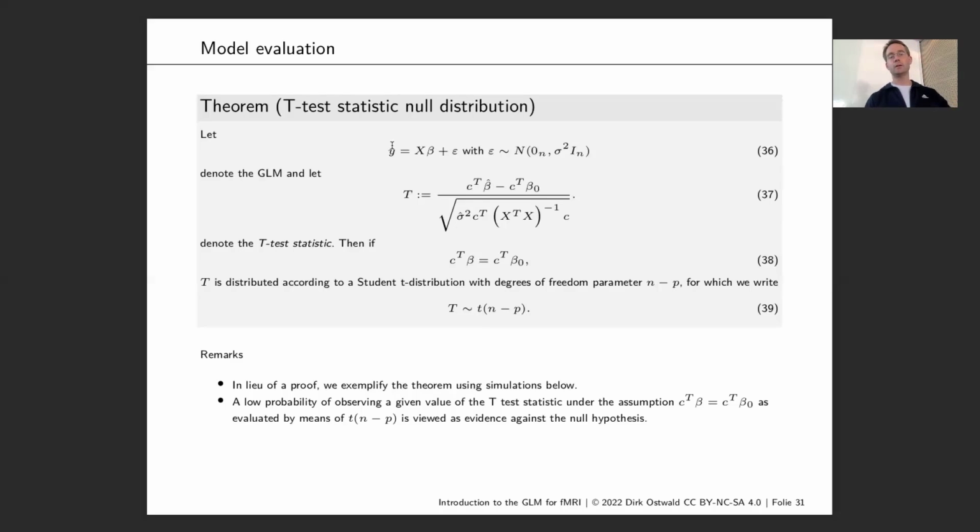If you start out with multivariate Gaussian data and do these transformations, you end up with this distribution. I don't really want to go into more details here.